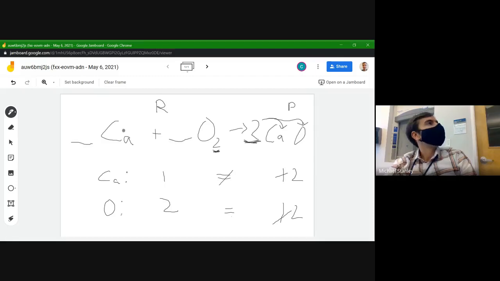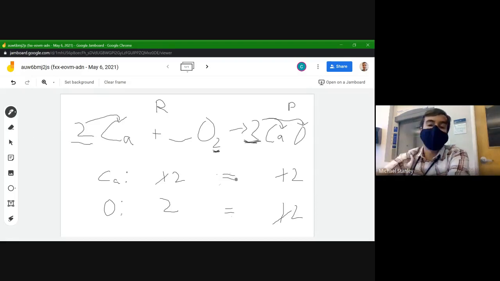Yeah. So we could change the coefficient of the Ca to be 2. Now we've got 2 Ca's on the reactant side, which is equal to the product side.